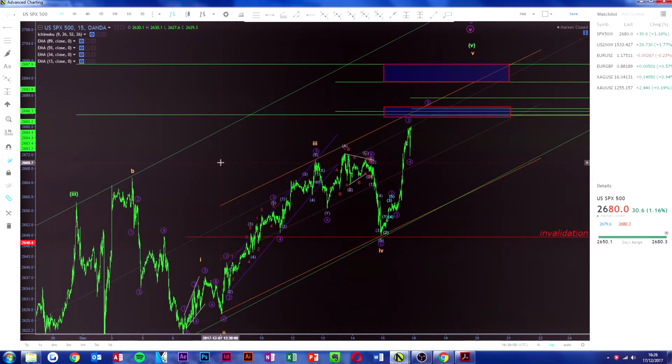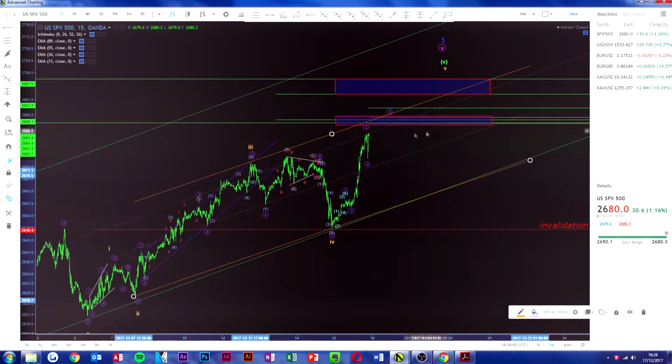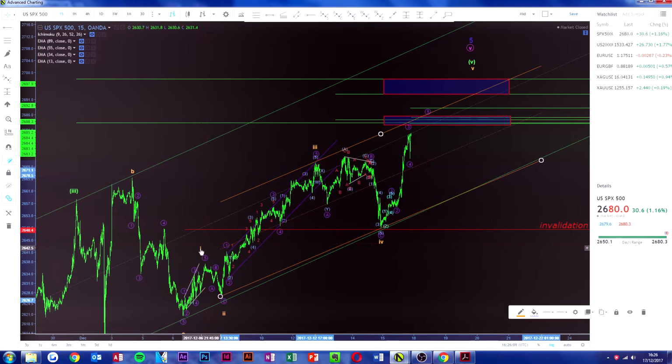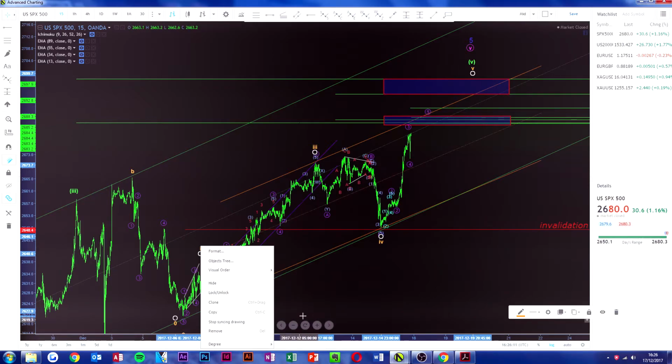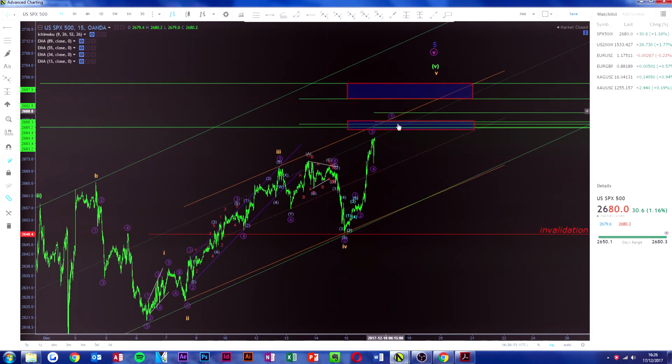I'd also quickly like to point out, this is the channel for this sub-minute count here, in orange, and it's coming near the top of that now. There could be an overthrow if this breaks above and then quickly reverses. That'd be nice to see, especially if it comes into this box.